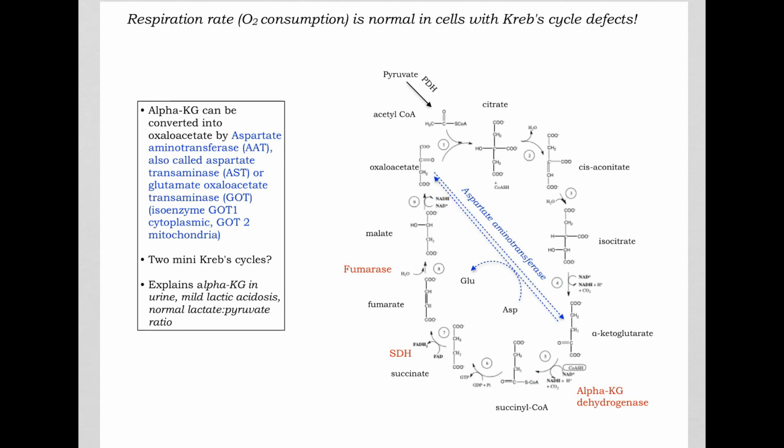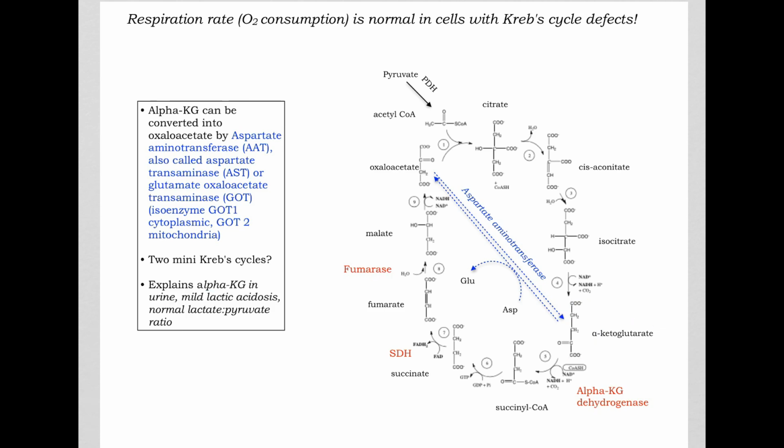This also explains why, if this enzyme was deficient, alpha-ketoglutarate tends to accumulate, and this then enters the urine, and we can see alpha Kg in the urine very often.